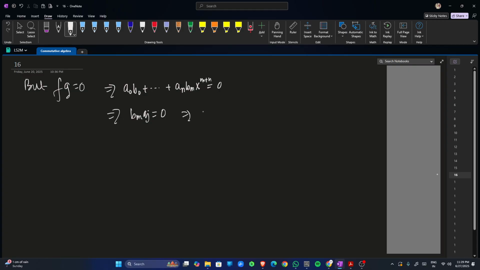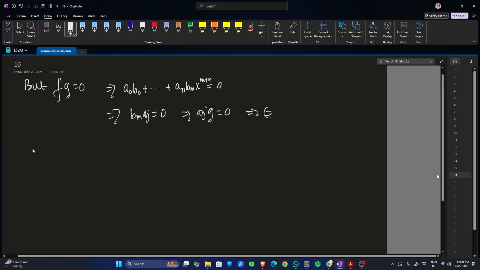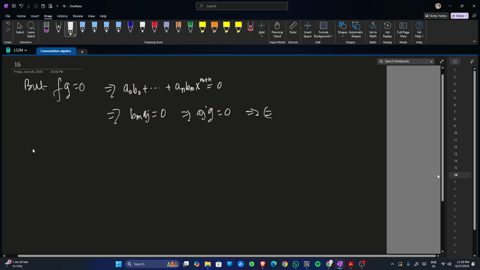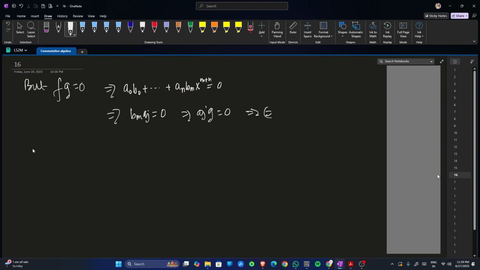This implies a_j g is also 0. That is a contradiction. Yes, the proof is correct. So comparing the coefficients from both sides, a_j into b_m, this m plus j term, is also 0. So a_j into g is 0.